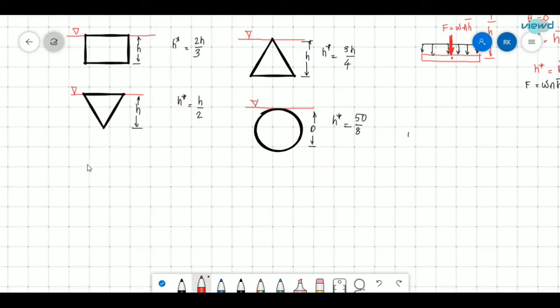And next, if there is a semicircular plane, and the diameter of the semicircle is d, h star is given by 3 pi d divided by 32.